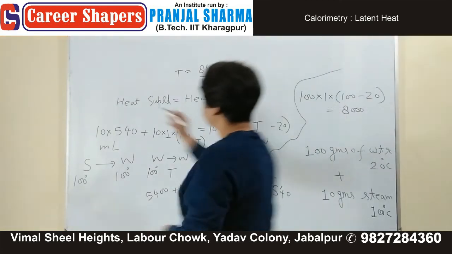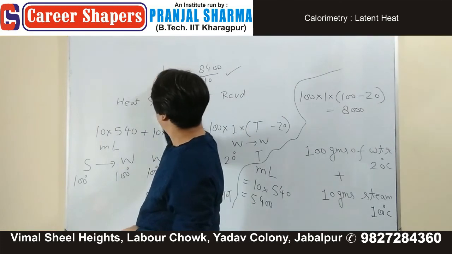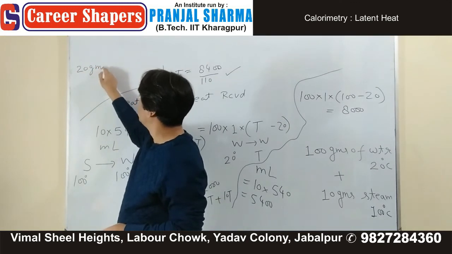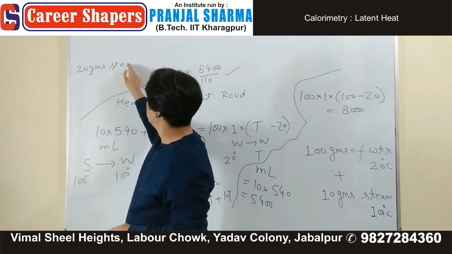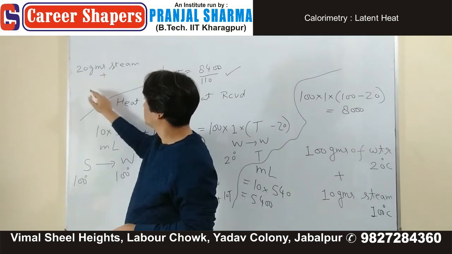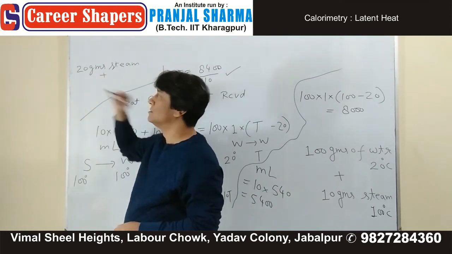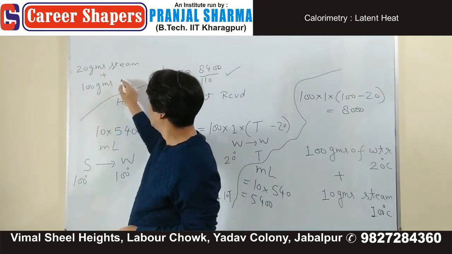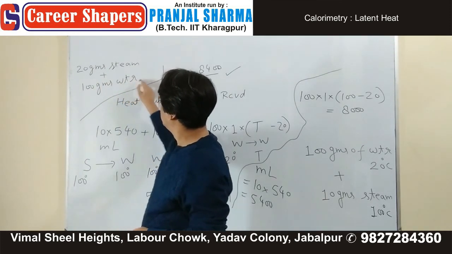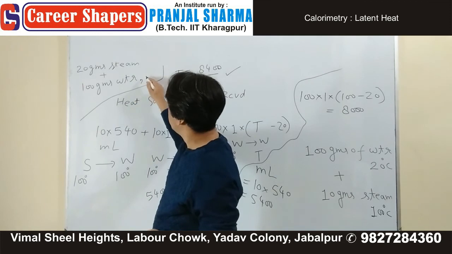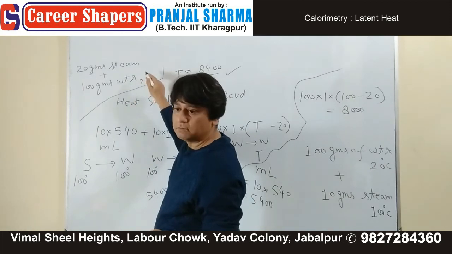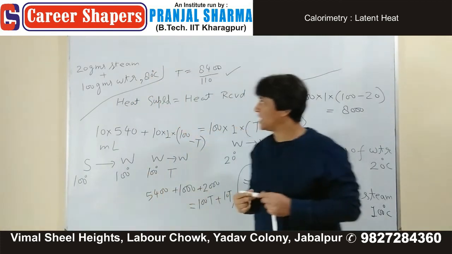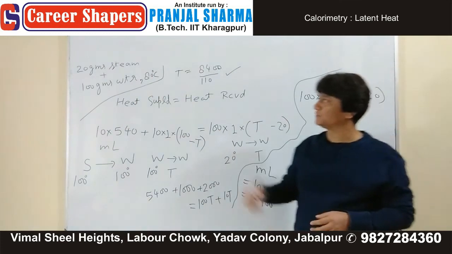Answer this. 20 grams of steam plus 100 grams of water at 80 degrees Celsius. 20 grams of steam, 100 grams of water at 80 degrees Celsius. Find out the final temperature.